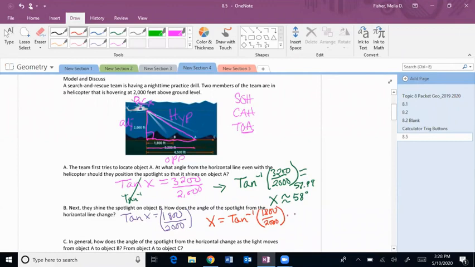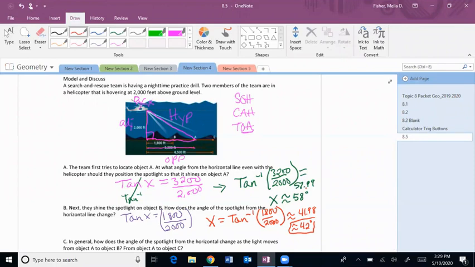And that comes out to be about 41.98, or we can round that to about 42 degrees. So how did it change as we moved it back? Well, it became, of course, a smaller angle.